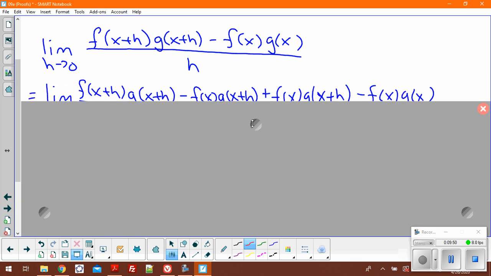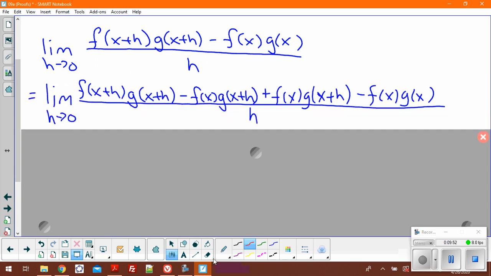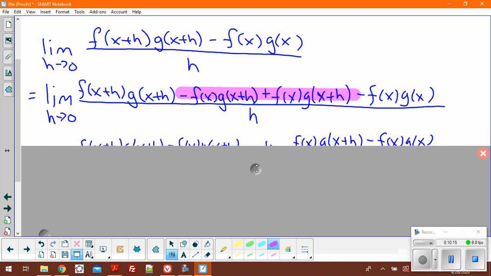In the numerator, I'm going to throw in this extra term here, minus f of x times g of x plus h plus f of x times g of x plus h. Because I'm adding and subtracting the same term, it's really putting in a zero, so it doesn't affect the outcome of my expression.